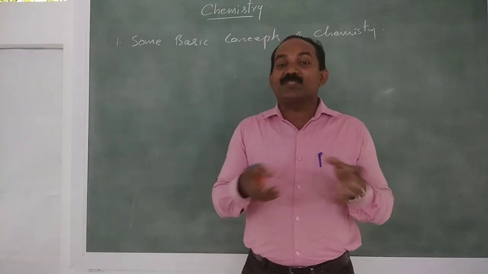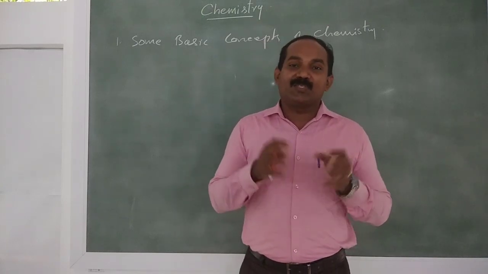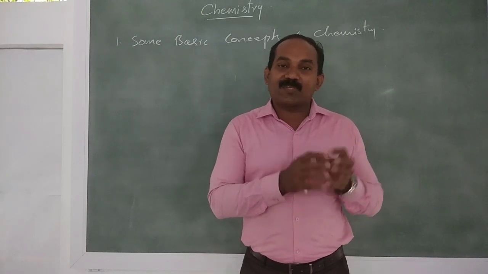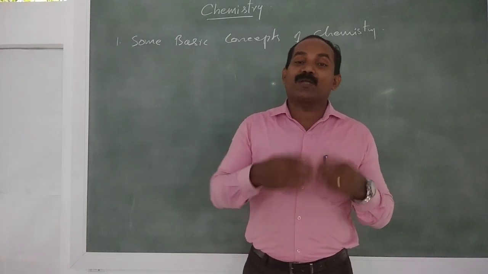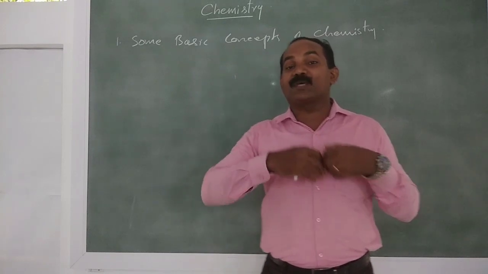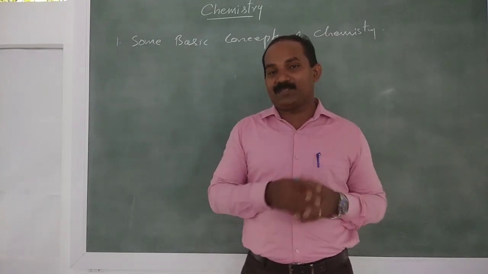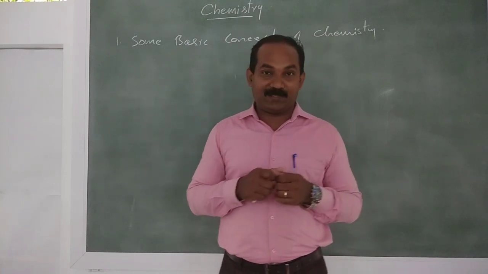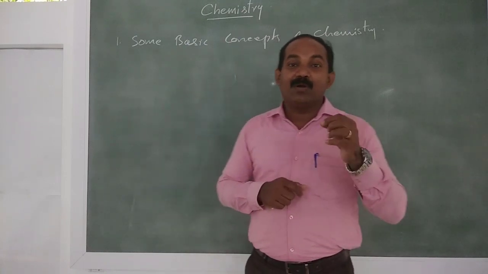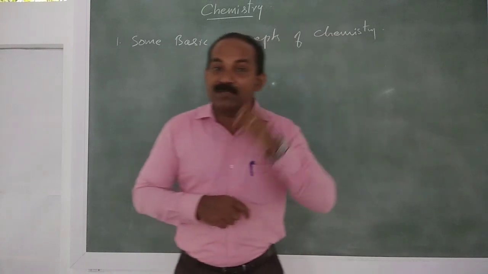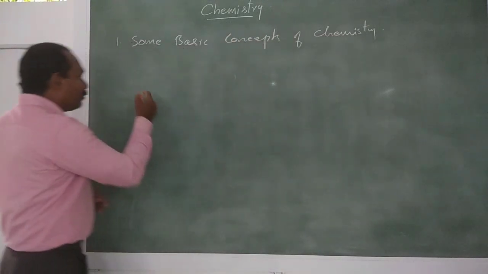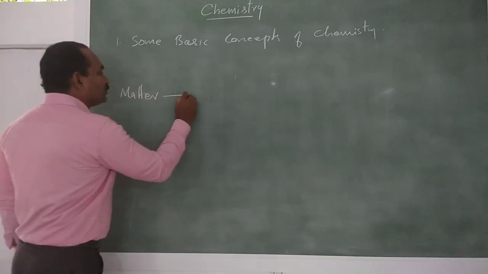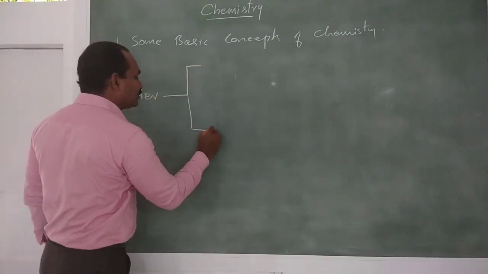Similarly, in chemistry, a mixture contains two or more components, two or more substances, two or more chemicals, two or more atoms or particles. So matter is classified into two based on the composition. The first classification is mixture.